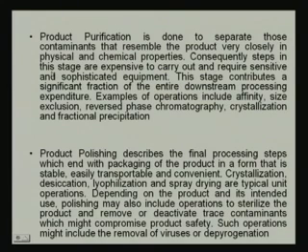Consequently, steps in this stage are expensive to carry out and require sensitive and sophisticated equipment. This stage contributes a significant fraction of the entire downstream processing expenditure. Examples of operations include affinity chromatography, size exclusion chromatography, reverse phase chromatography, crystallization and fractionation of precipitate.